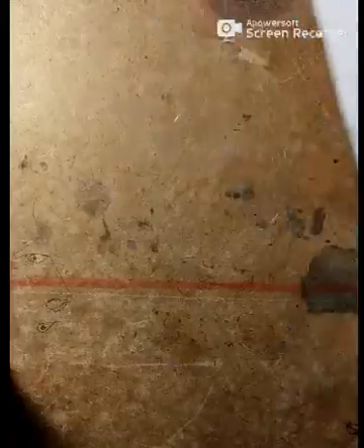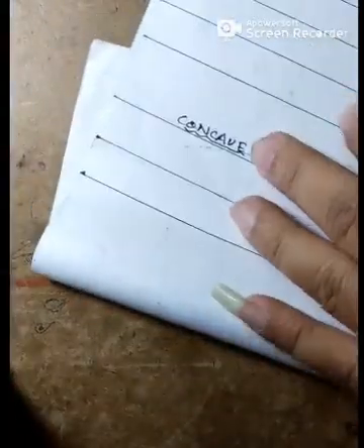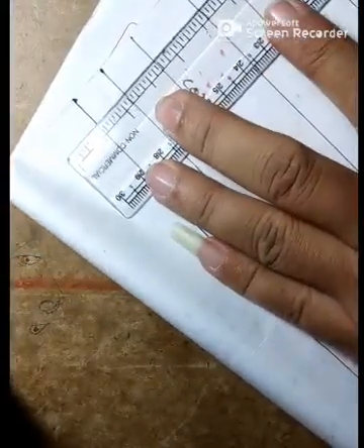Because all have the same common points, you have to first go for the serial number.